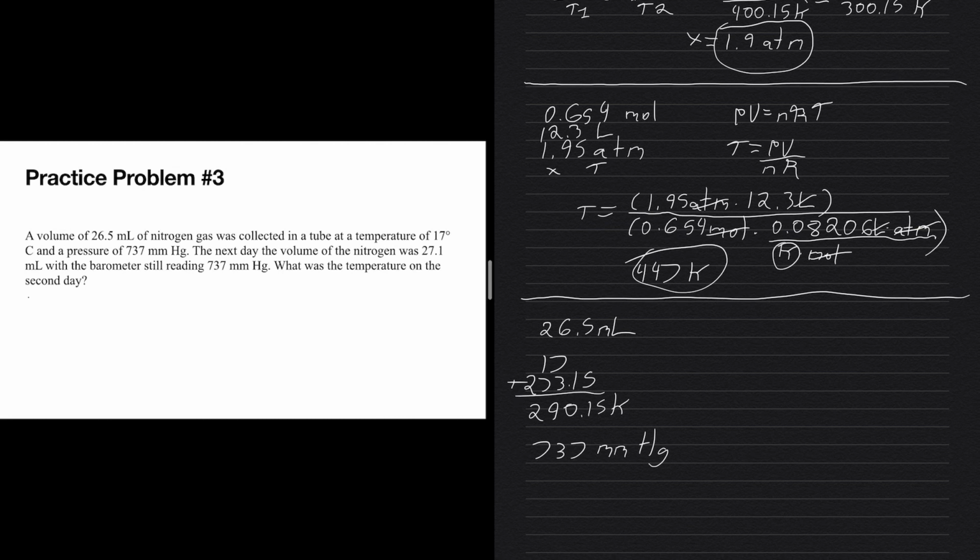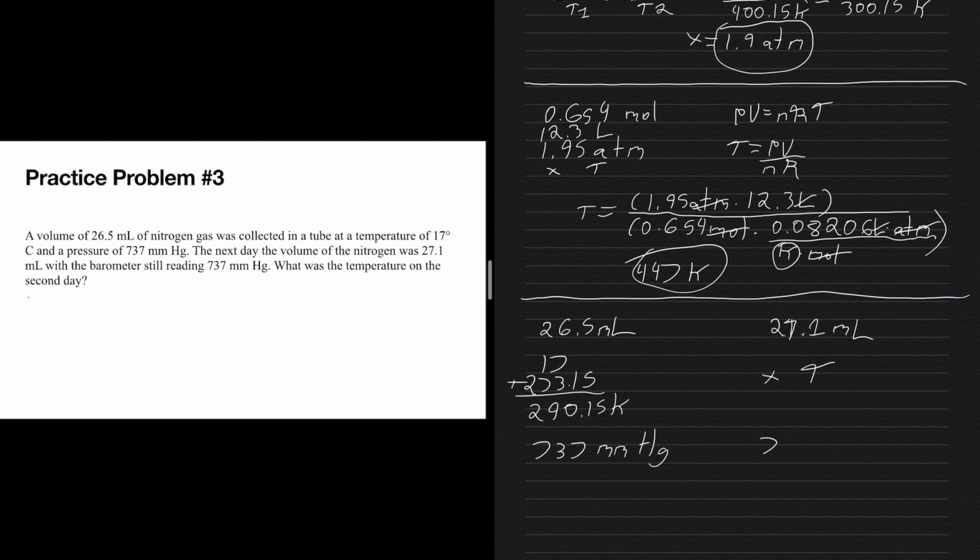So now we're looking at the after. We see the volume was 27.1 milliliters in the after. And we are looking for the temperature, so that's going to be our variable.